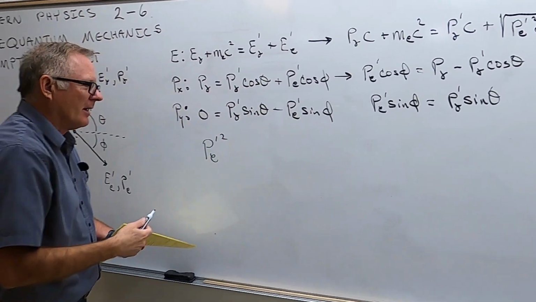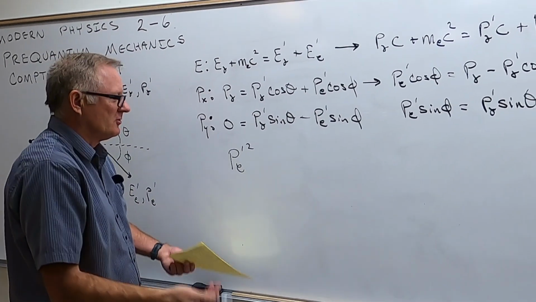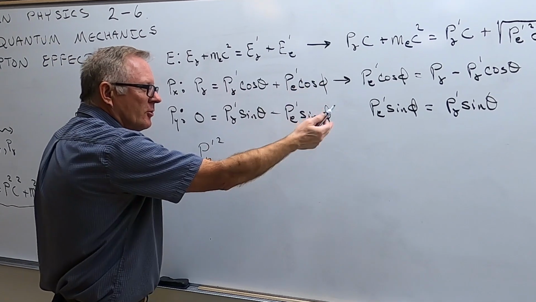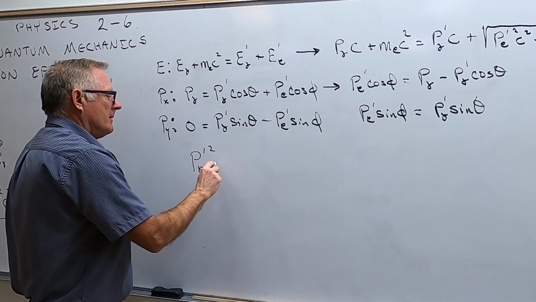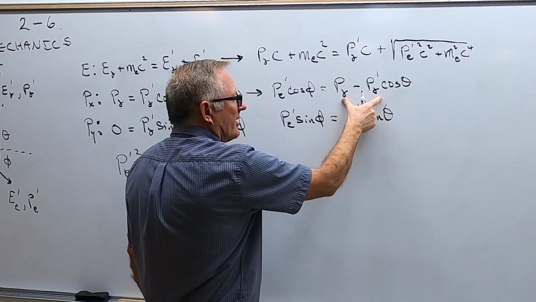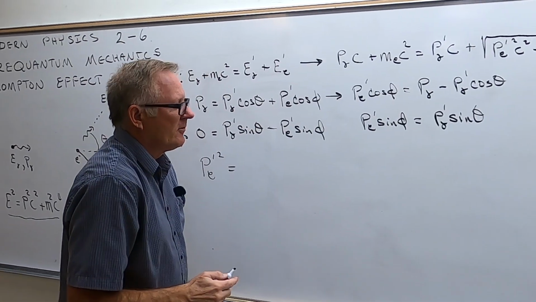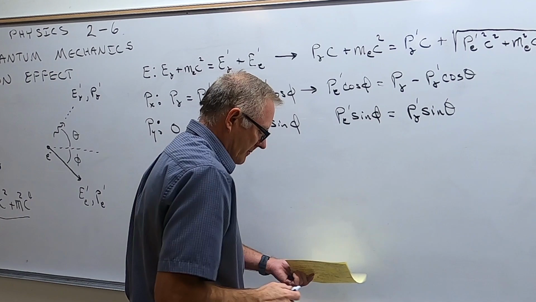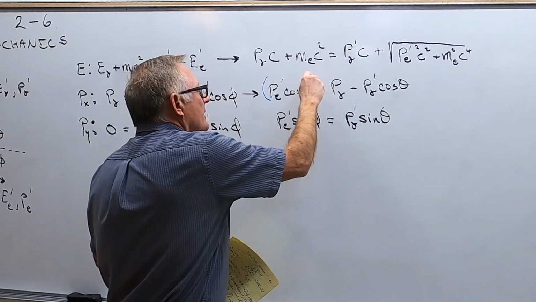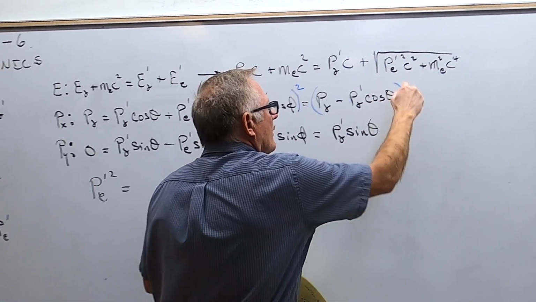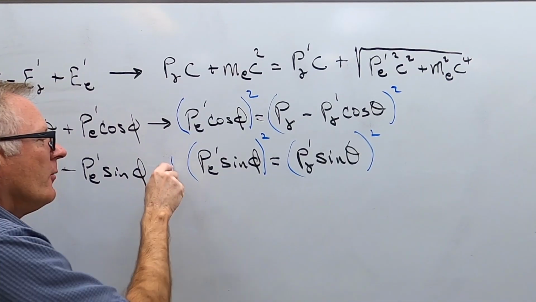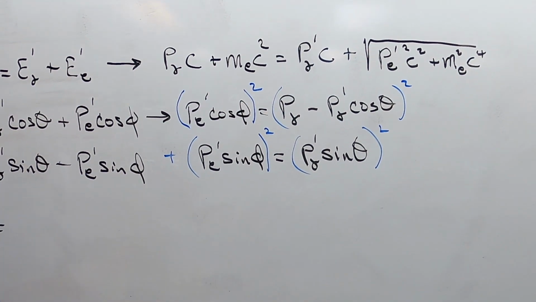Factor out the pe prime squared, you got a cos squared plus sine squared, which is 1. So I'm squaring these two equations and then adding them. Okay, and that should equal this term squared. If I square that term out, maybe I'll put the squares up there so you can see them. So what we're doing is squaring that, squaring that, squaring that, squaring that, and adding these two equations together. It's really all we're doing.